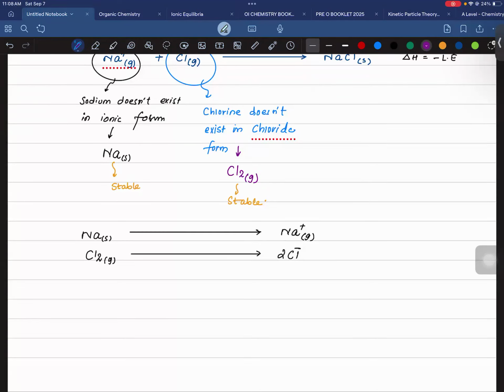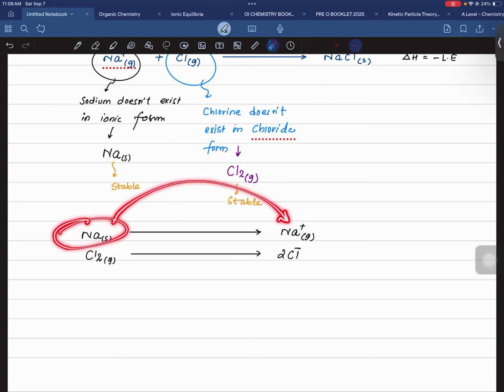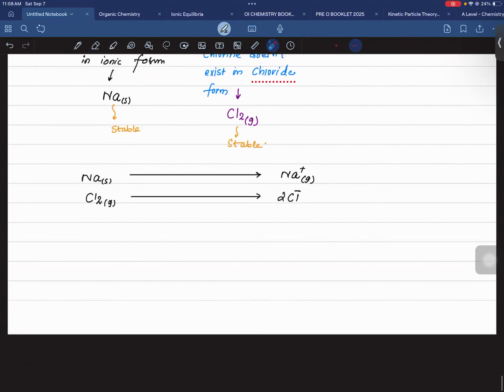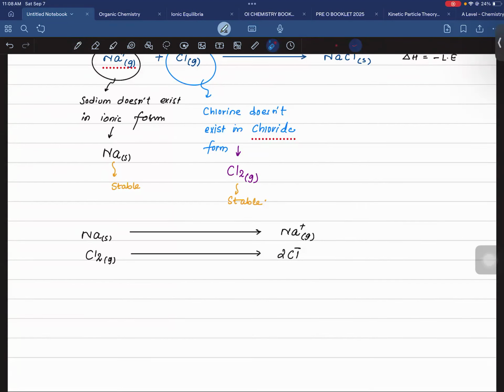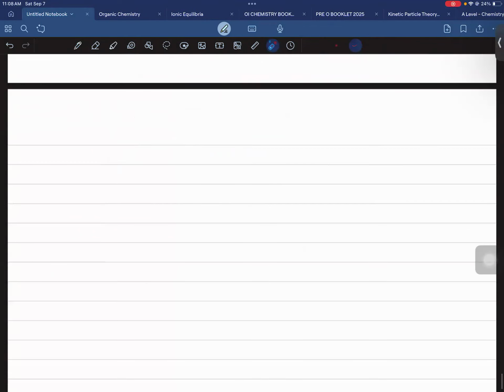I would be giving you this, and you would be converting this sodium solid into this. I would be giving you this Cl2 gas, and you would be converting this Cl2 gas into 2Cl minus. So just look at this.